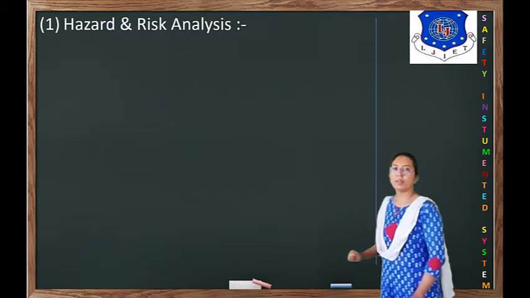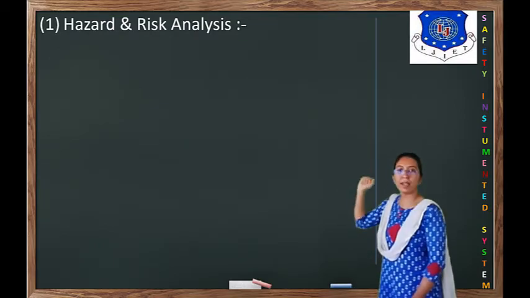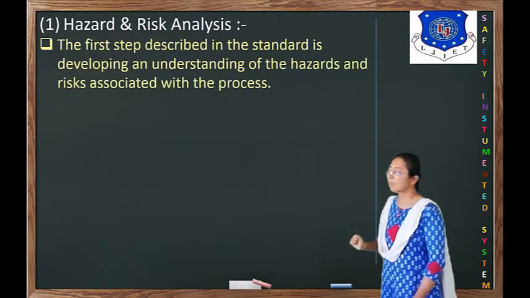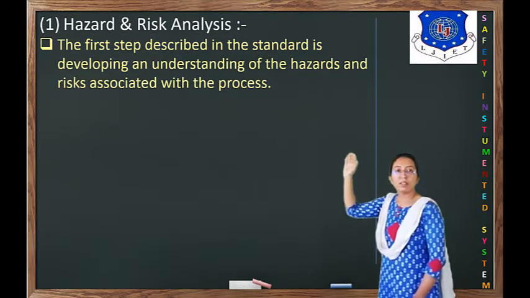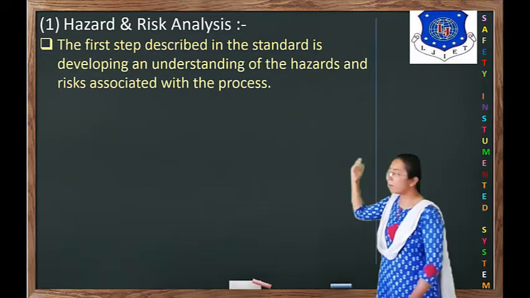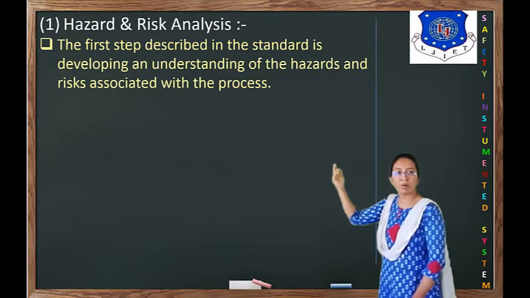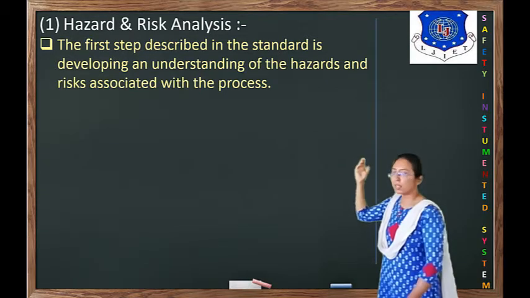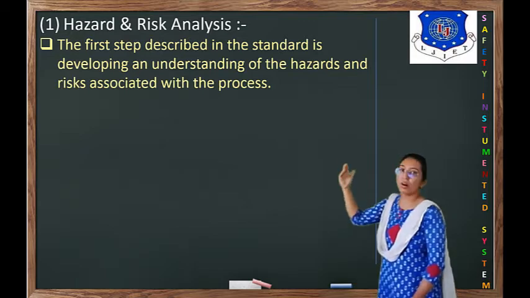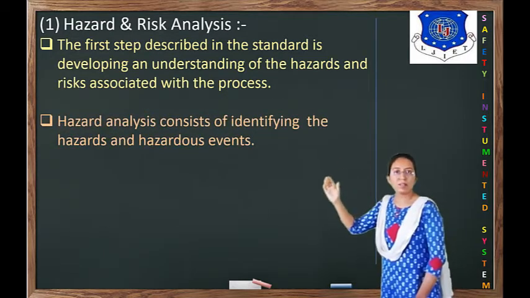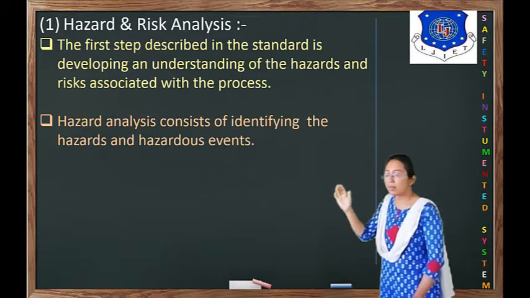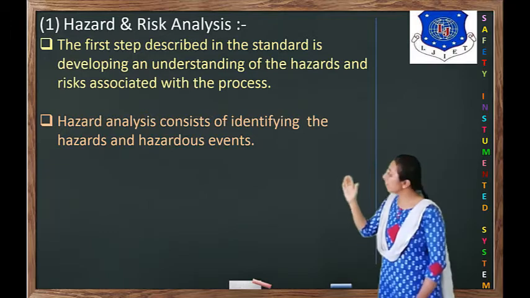Number 1, hazard and risk analysis. The first step described in the standard is developing an understanding of the hazard and risk associated with the process. Hazard analysis consists of identifying the hazard and hazard events.